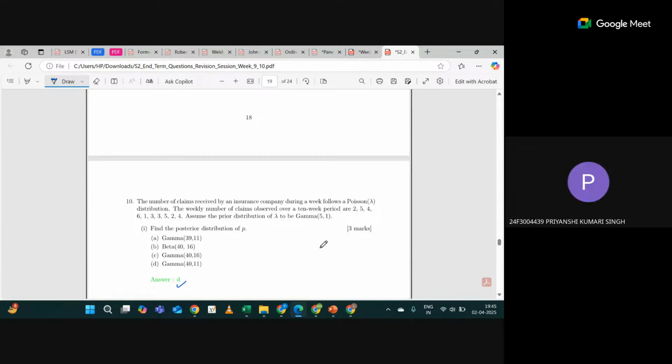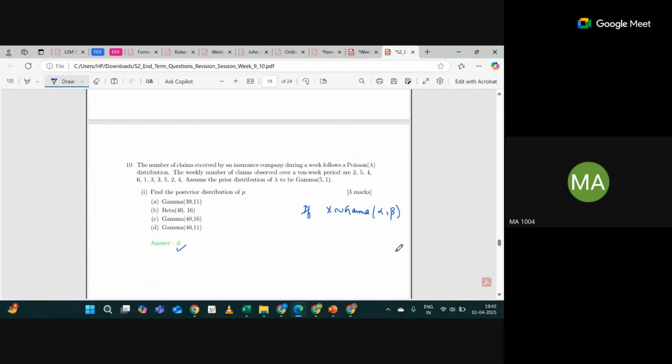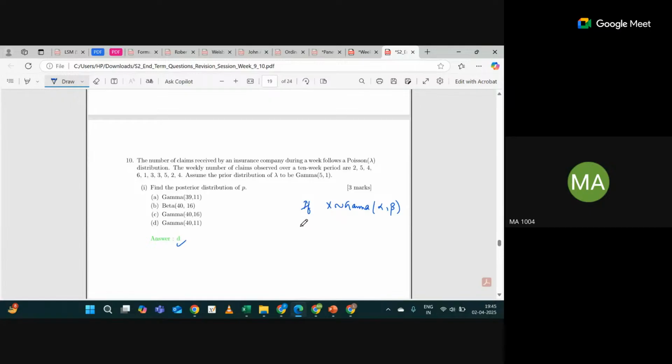Sir, the PDF of the gamma distribution is lambda, alpha minus 1, e raised to the power minus lambda beta, right? Let me write it in general. Suppose X follows a gamma distribution with parameters alpha comma beta. There is no need to worry about the denominator part, because that's a constant and will come under the proportionality sign.